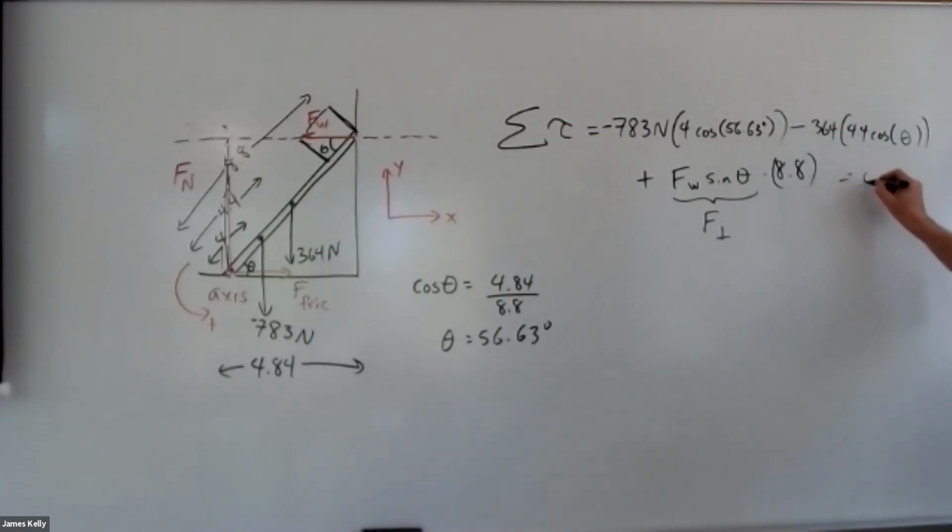Okay, and the sum of those three have to equal 0, and notice the only unknown is F wall, because the other two unknowns didn't go in there. Anybody calculate this already? No. 783 times 4 plus 364 times 4.4 all times the cosine of 56.63.